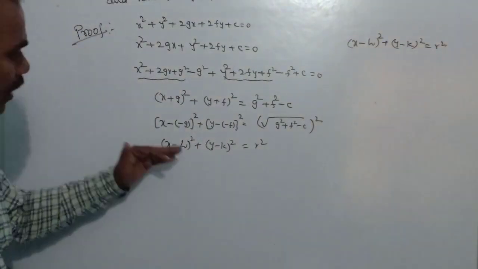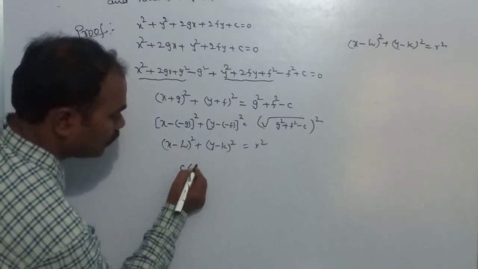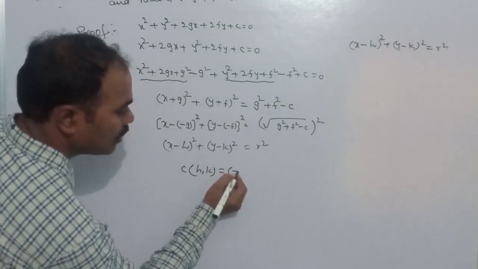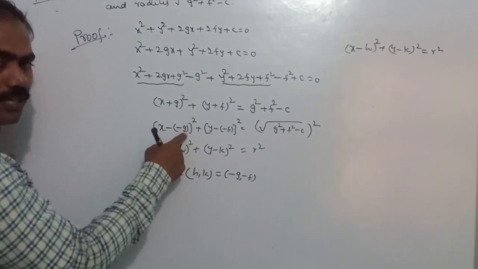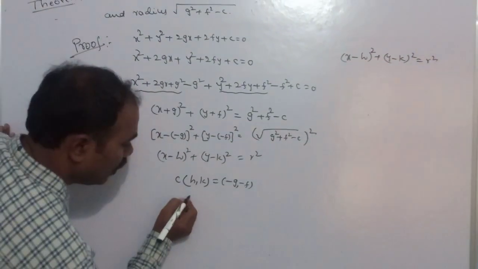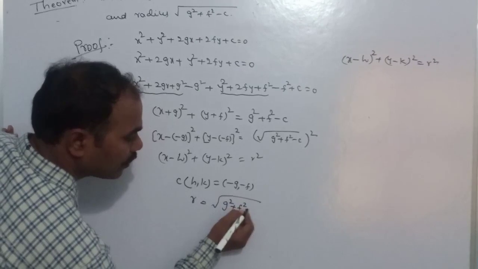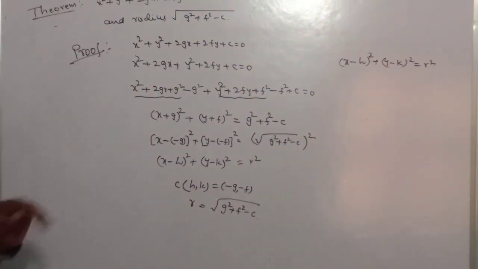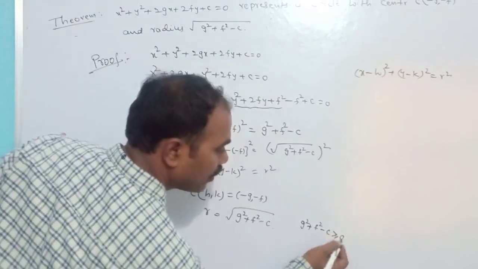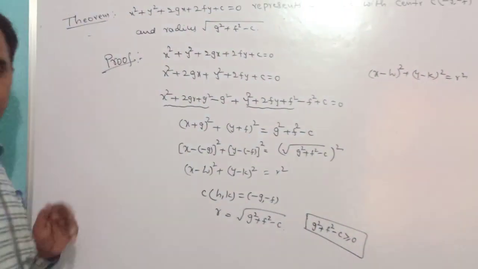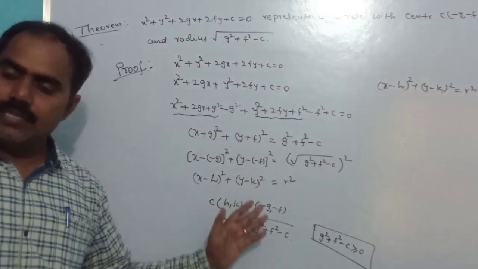By comparing this equation with this, the center of the circle is (minus g, minus f), where x minus h and y minus k, and the radius is the square root of g square plus f square minus c, where g square plus f square minus c is always greater than or equal to 0. This equation is also called the general form of the circle.